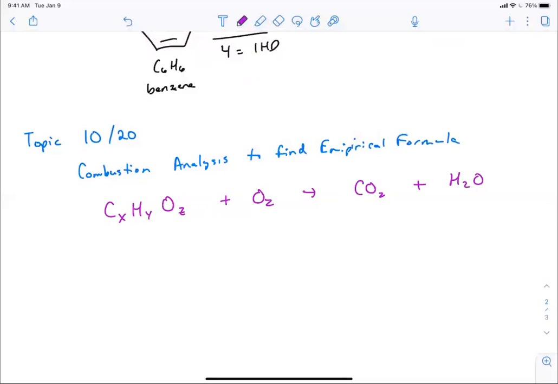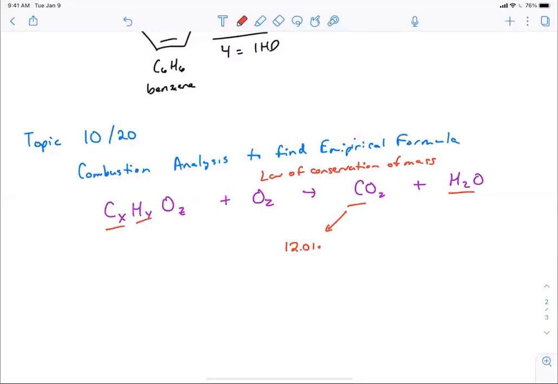And the idea here is that you have to use the law of conservation of mass, because the amount of carbon here is the same amount as here. And the amount of hydrogen here is the same amount of hydrogen here, because there's no other source for it in your balanced equation. So what you have to do is calculate how much carbon is in that sample of CO2. And that ratio is always fixed.